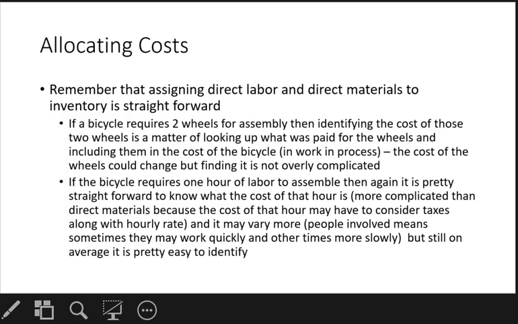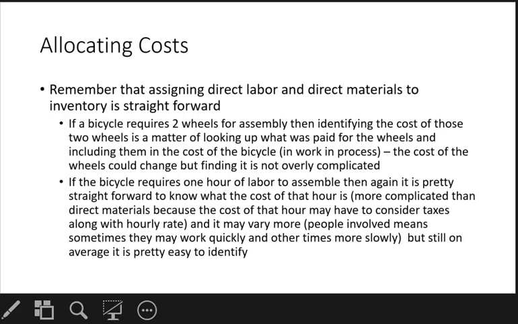Same thing with direct labor. As an example again with the bicycle, how many hours does it take to assemble? We can see that, measure that. It's straightforward to know what the cost of that hour is. Maybe there are some benefit costs and taxes that we didn't really talk about when we talked about direct labor, but they should probably be involved, and that makes it a little more complicated.